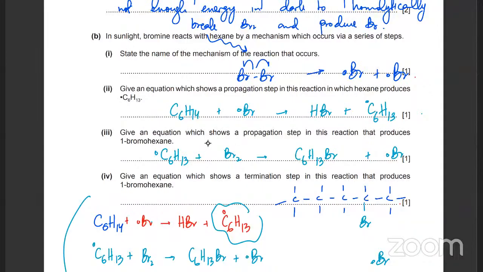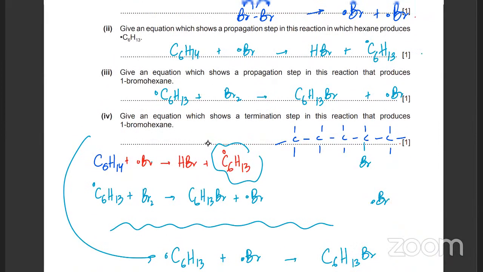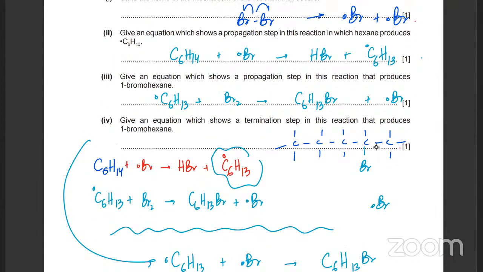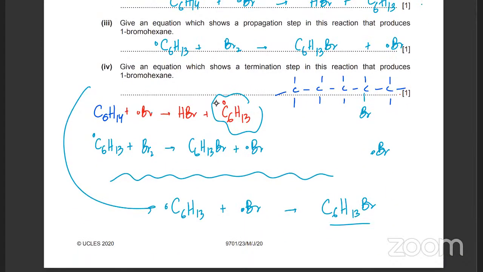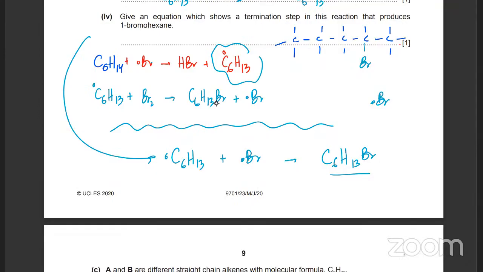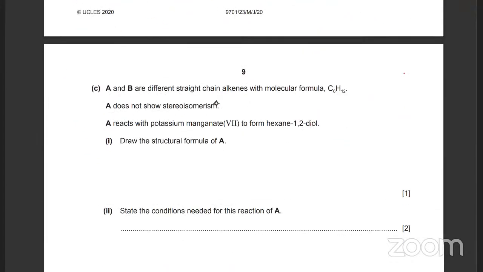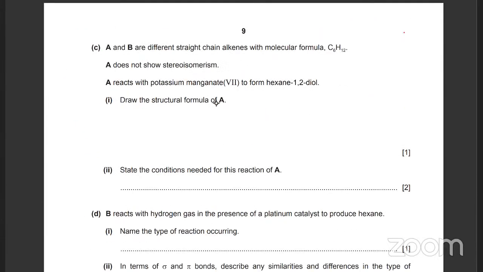But for this one, if you had a choice, you should draw the curly arrows as well. The problem is that you've got a very big molecule and there's not enough space. If you had space, then we should have gone with the curly arrows, but probably not in this case.